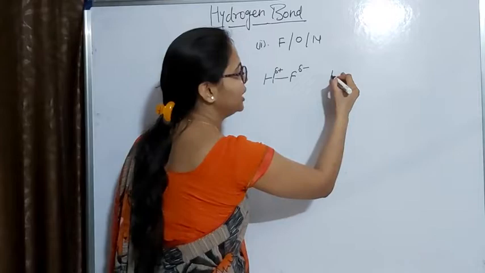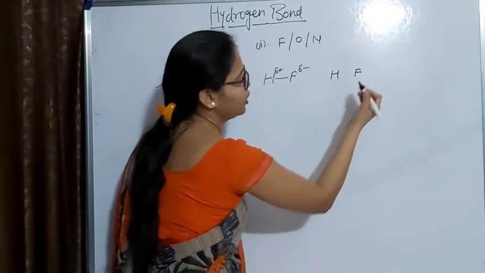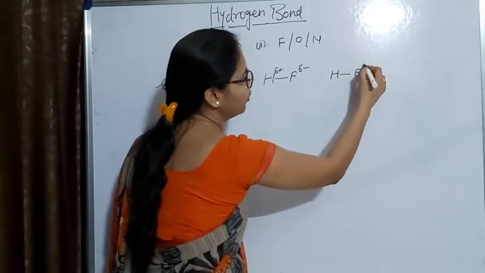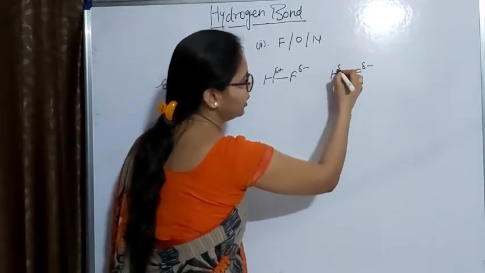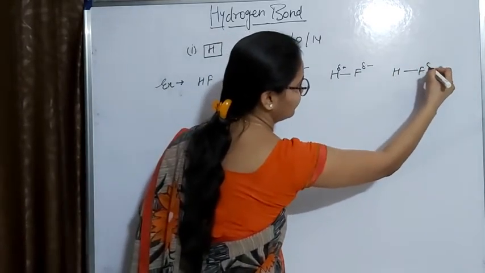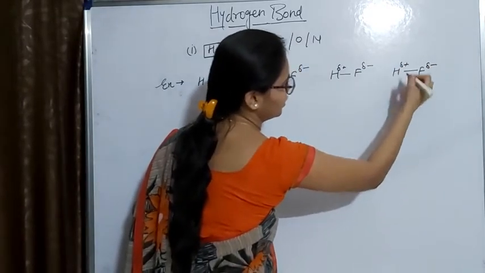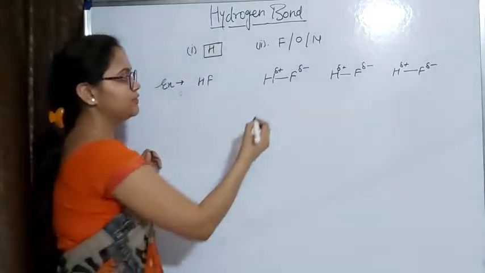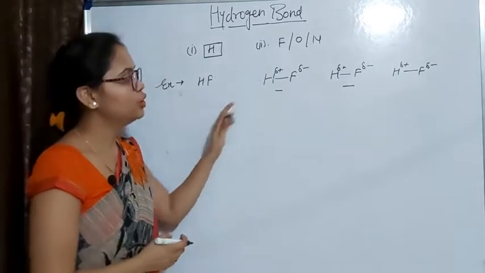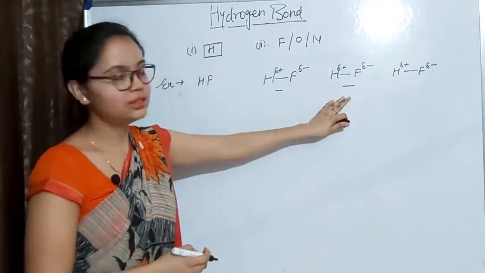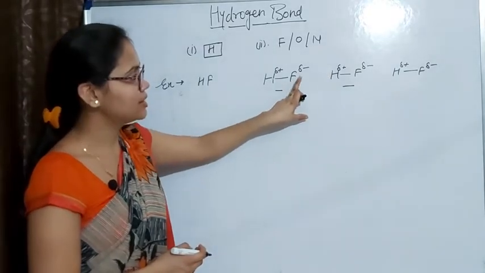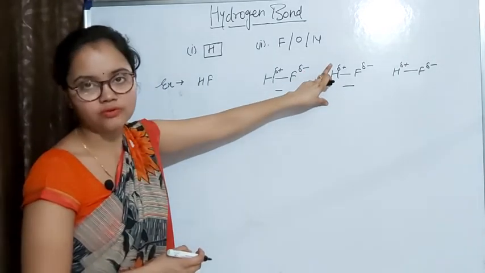Now let's talk about the neighboring molecule of HF. In the neighboring molecule also a polar covalent bond will form like this molecule, okay? You can take more neighboring molecules as well. Now let's focus on these two molecules, this HF and this HF molecule. In these two HF molecules, you can see that oppositely charged ends are close to each other, as one has a negative charge and the other has a positive charge.